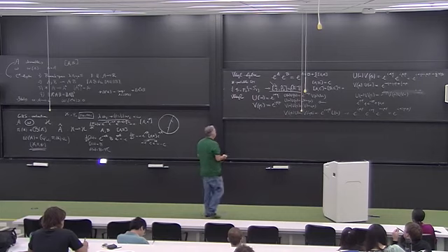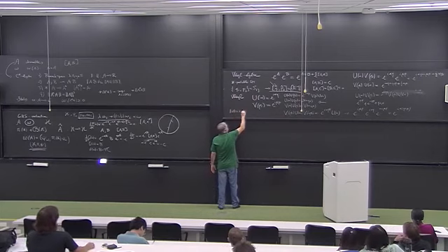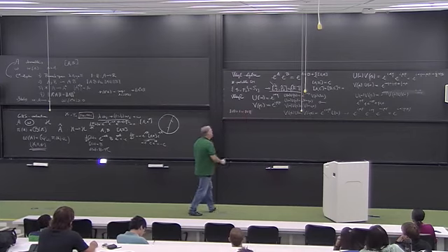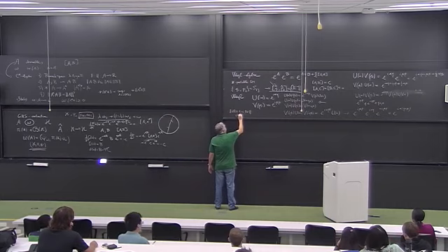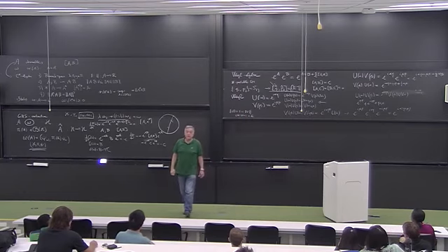It is easy to say that these operators U have to be unitary. This is obvious because U of alpha, U of minus alpha equals 1, the identity in the algebra.